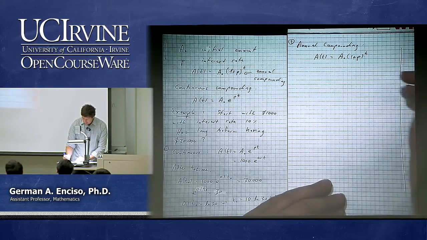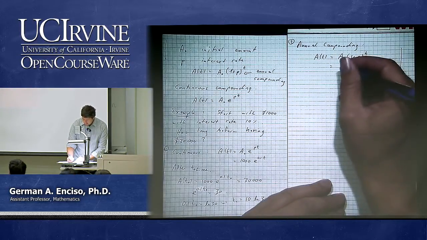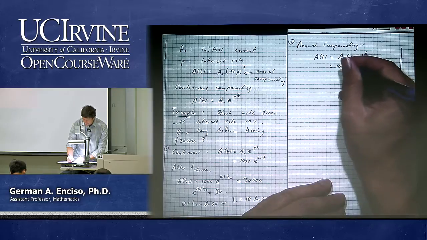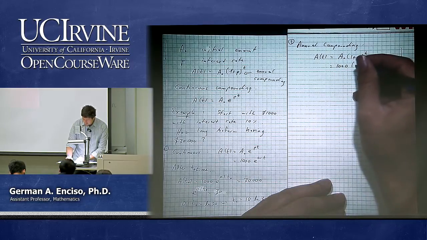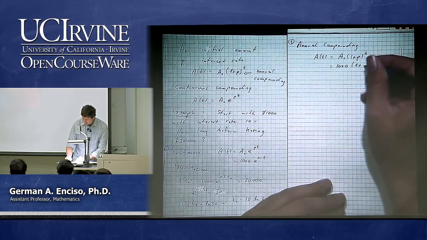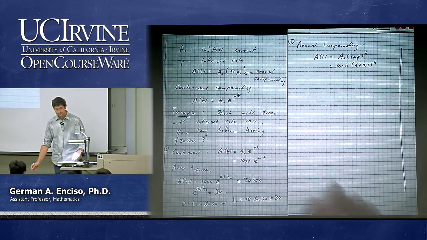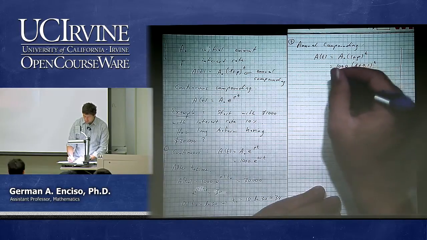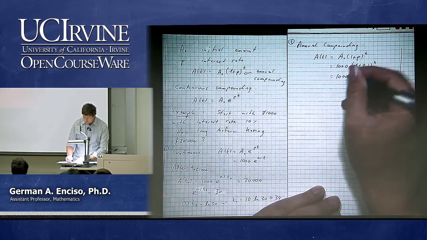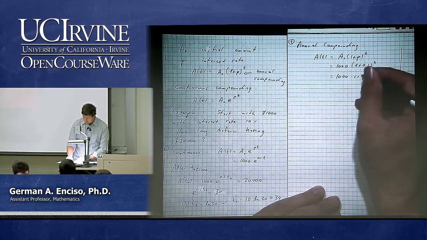Okay, where A0 is 1,000, and this is 1 plus 0.1 to the t, which is equal to 1,000 times 1.1 to the t.